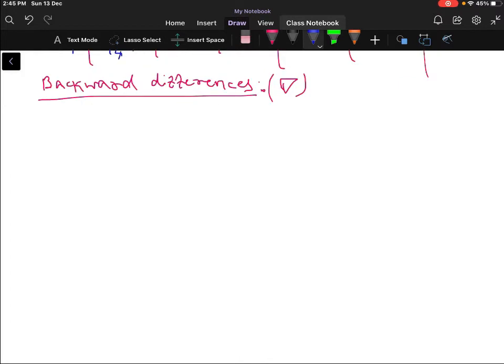Now let me define the backward differences. The symbol nabla represents the backward difference operator. Let us define the tabular points x0, y0, x1, y1, and so on, xn, yn.